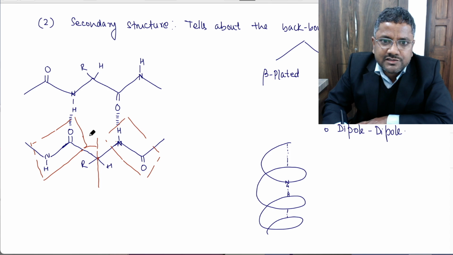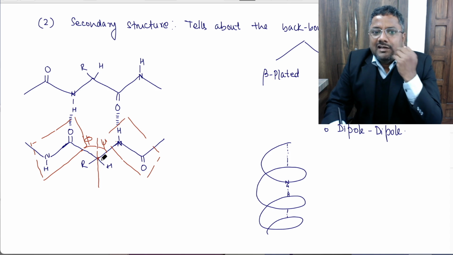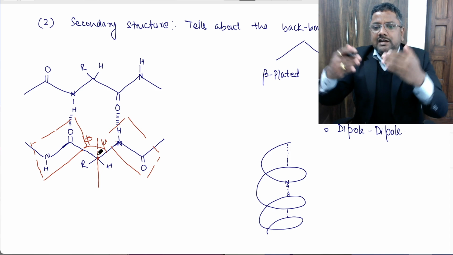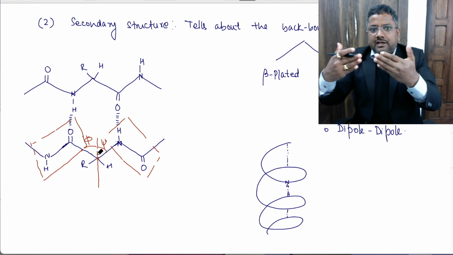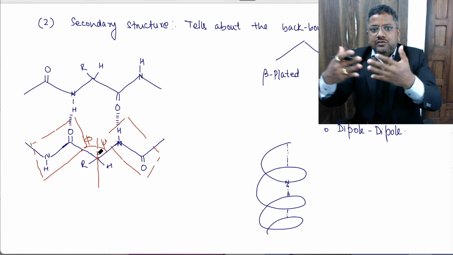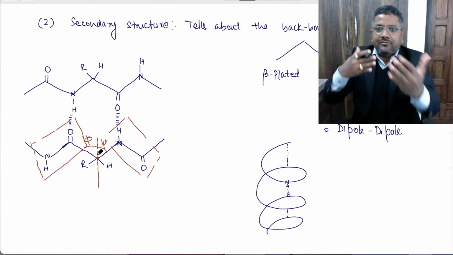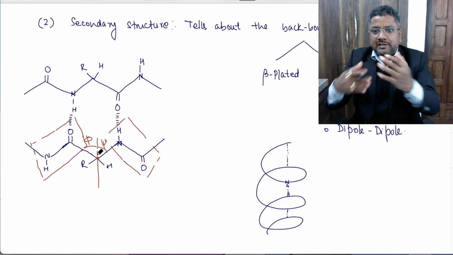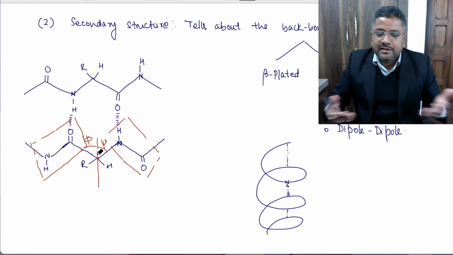One angle is called phi, and another angle is called psi. In a polypeptide chain, with respect to every alternate sp3 carbon, these two planar structures, CO and NH, are there, and these two planes have different angles, which change from protein to protein.